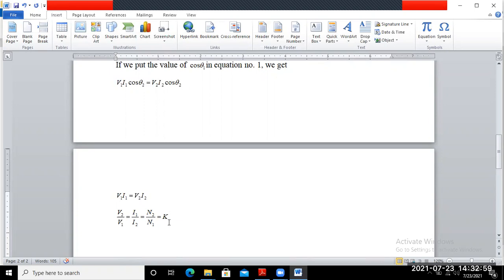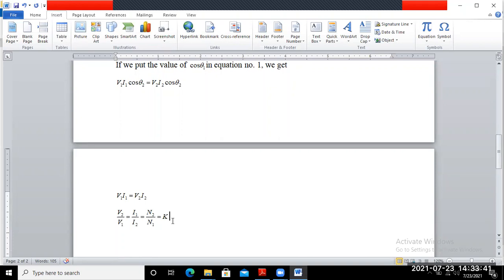Suppose you can vary this value from 0.1, 0.2, and you obtain 0.2. Then you are not able to get the full capability of this autotransformer. When this value of K is near to unity, that means 0.8, 0.9, then you are capable of using the autotransformer's full capability.